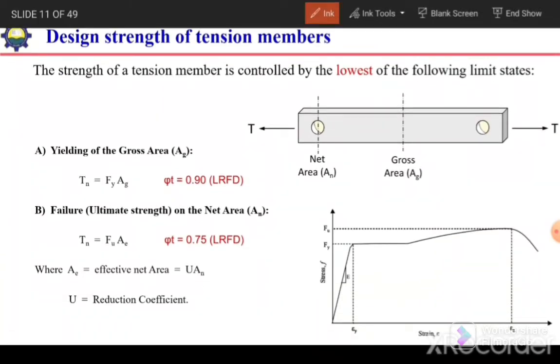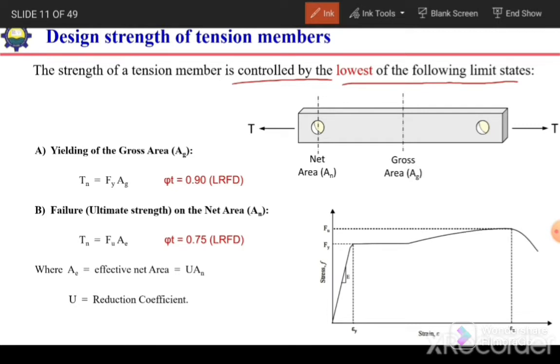Okay, next is the design strength of tension member. We have studied the possible failure modes in case of tension members. Then the next is the design strength of the tension member, and that will be based on the possible failure modes or possible limit states. The strength of a tension member is controlled by the lowest of the following limit states.